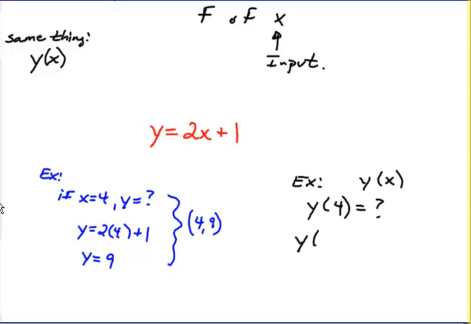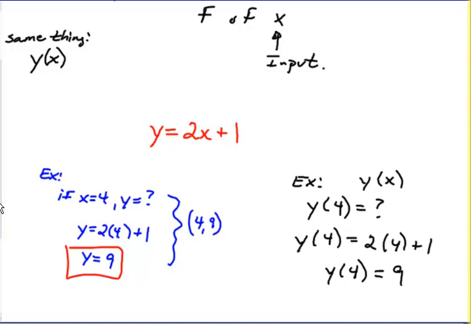So y of 4 is equal to 2 times 4 plus 1. And this is when it becomes especially useful. In this problem on the left, I stopped with y equals 9.